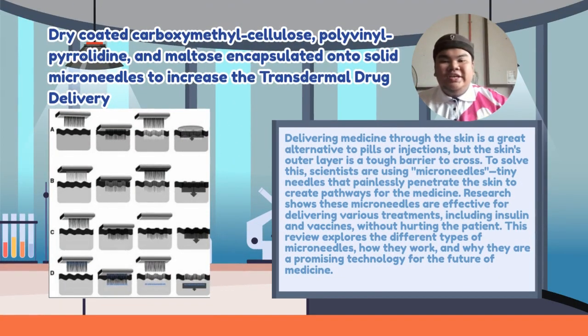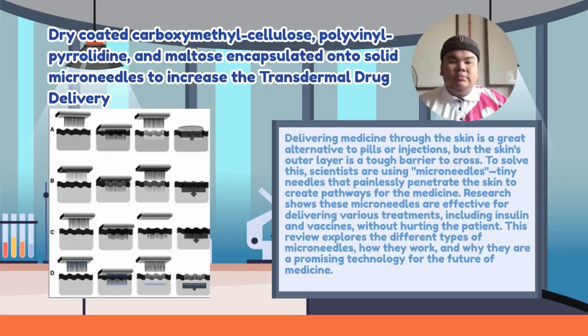So for the second innovation of this sugar, that is trehalose, carboxymethyl cellulose, polyvinyl pyrrolidone and maltose encapsulated onto solid microneedles to increase transdermal drug delivery. Delivering medicine through the skin is a great alternative to pills or injections, but the skin's outer layer is a tough barrier to cross.